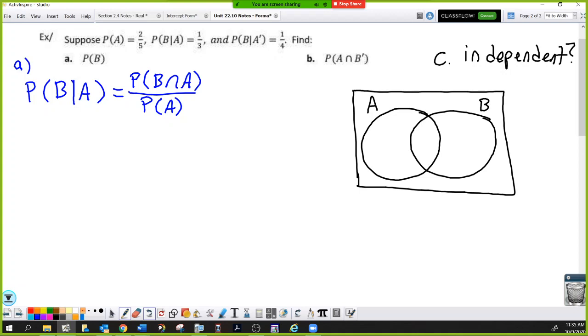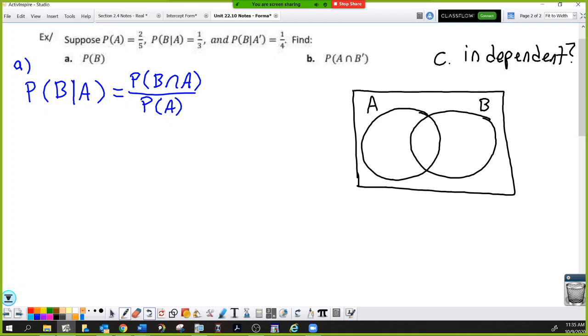This example was in the old textbook, which had parts A and B. Your textbook only has 2 parts, and they replaced this one with are they independent? But I think it was good knowledge, so I left it. I wanted all 3.